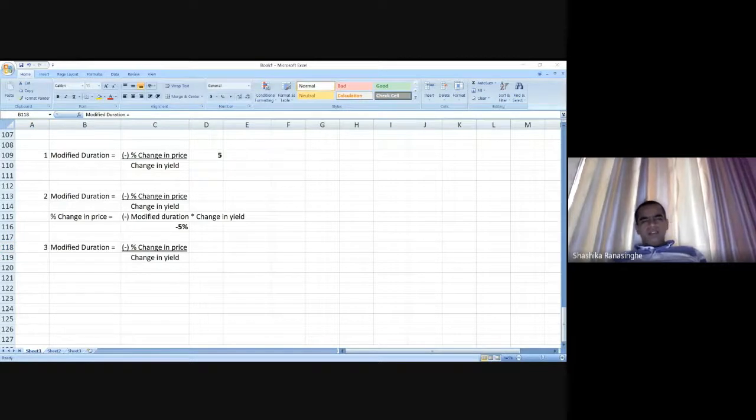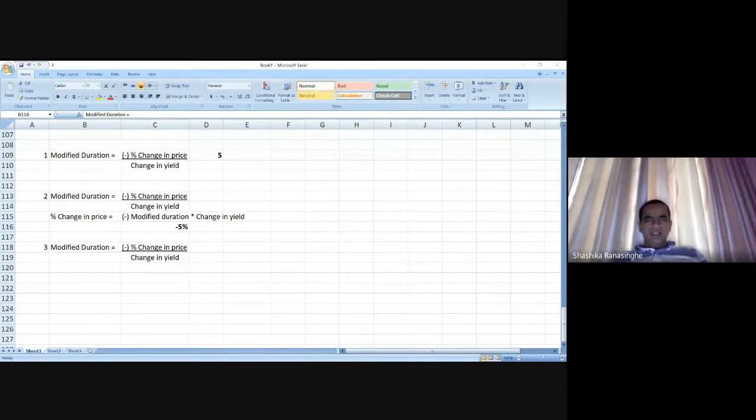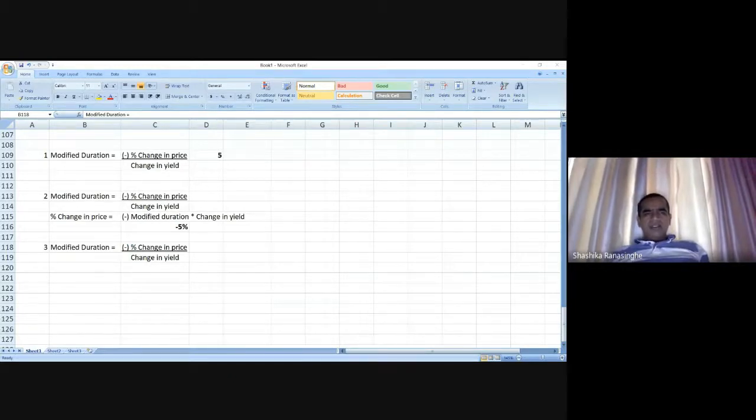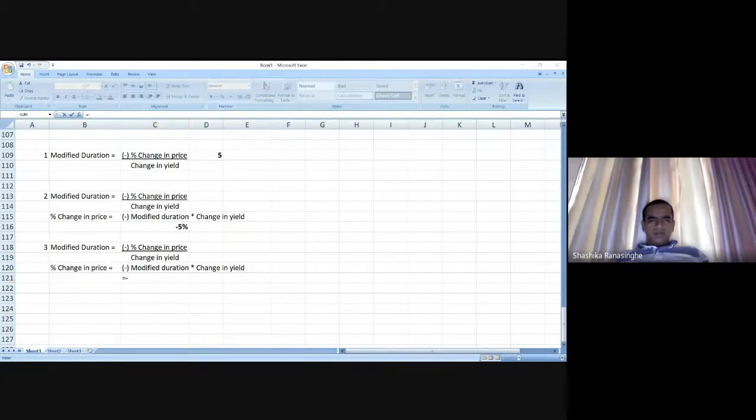B, bond has a duration of 7.2. Yield is increasing from 8.3 to 7.9. He has to calculate approximate percentage change in the price. Duration 7.2. Yield decreases. Yield is dropping means the price has to technically increase. So let's see if it's happening.